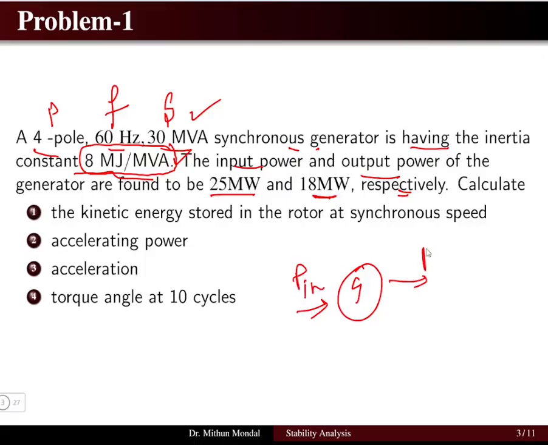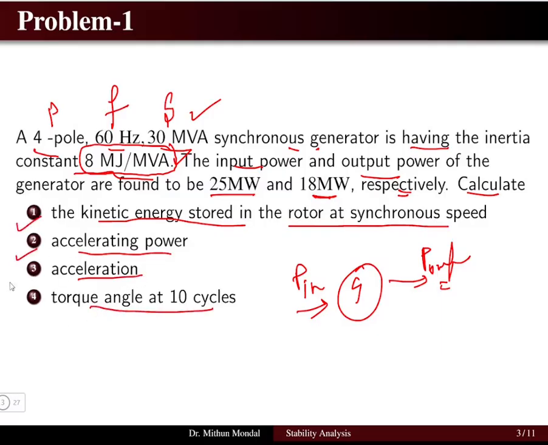So if the input power and output power is given, we can discuss what is the net acceleration power of the system. So we need to calculate the kinetic energy stored in the rotor at synchronous speed, the acceleration power, acceleration and torque angle at 10 cycles. So these are the 4 quantities that we need to determine for the system. So let us see the solution.